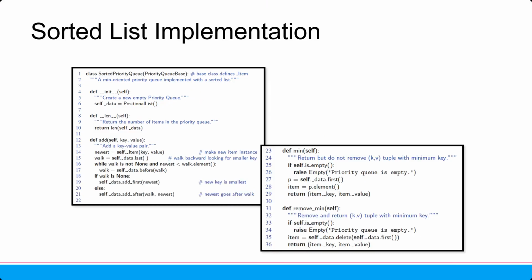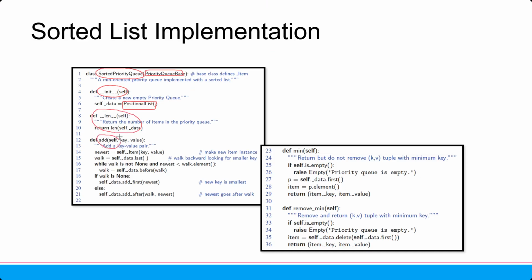Sorted priority queue. So we want to sort first and insert later. It also uses the priority queue base. So we will construct the object, and we are using the positional list. We've also learned last time about the positional list, and we want to check the length of the data.